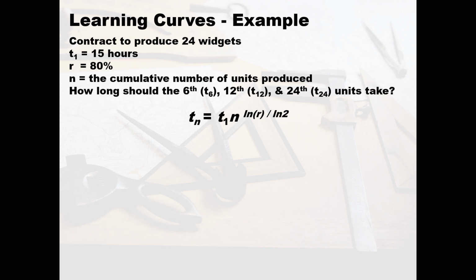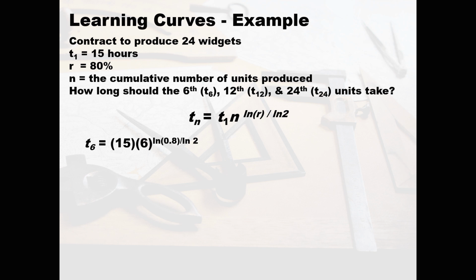So again, this is our equation, and all we're going to do is plug our numbers in. We're going to solve for the average time that it takes to produce the 6th widget. Again, we know our time to build widget 1 is 15 hours.